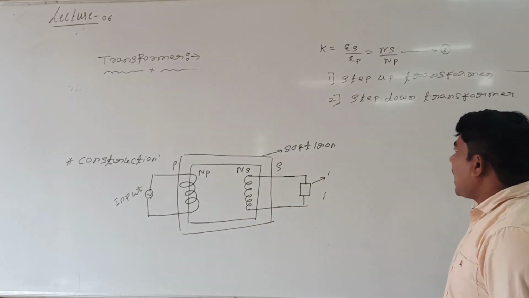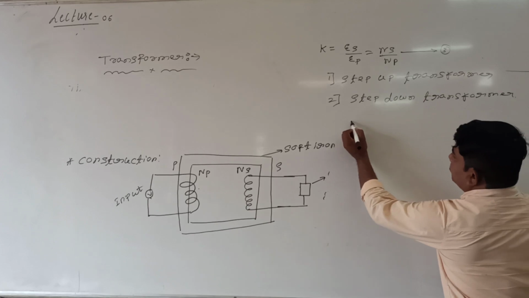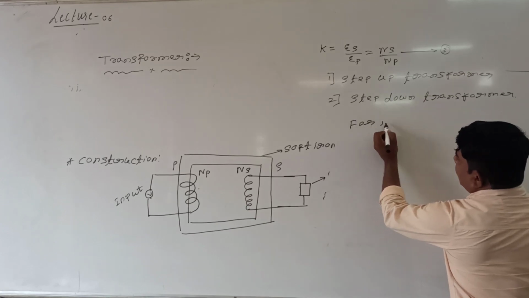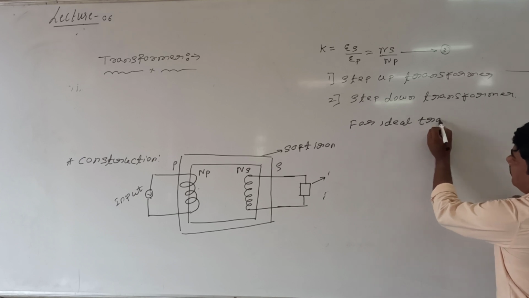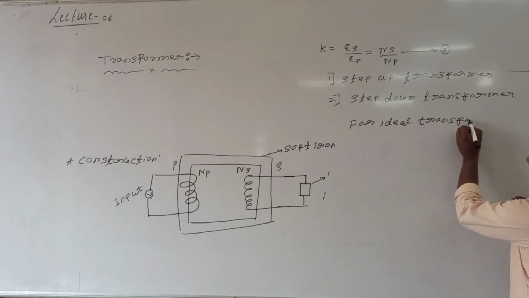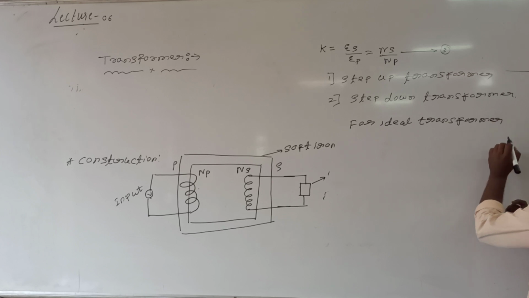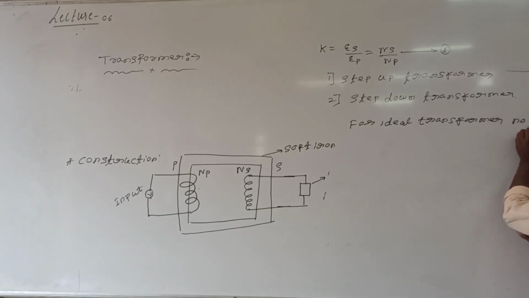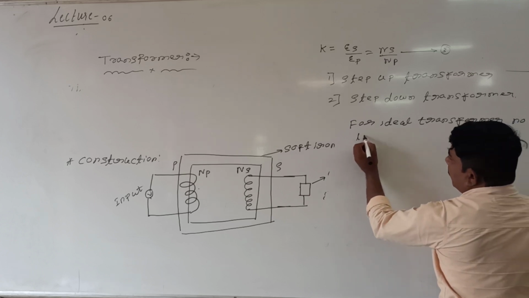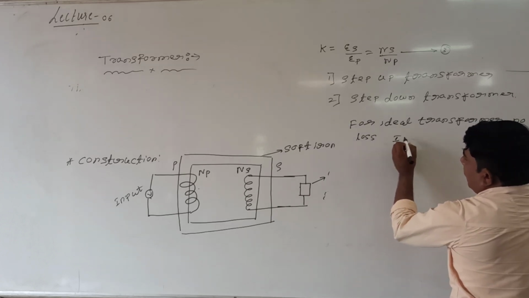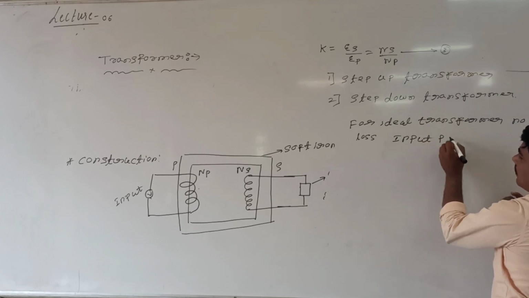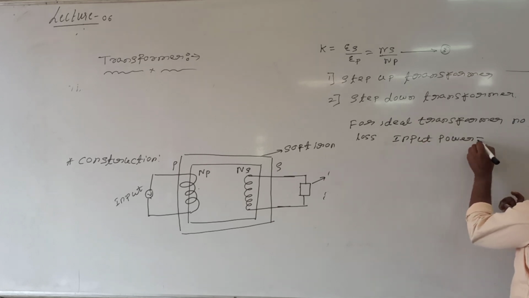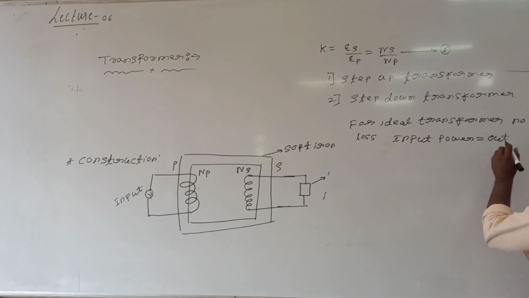See here, for an ideal transformer, no power can be lost. Power loss means input power must be equal to output power.